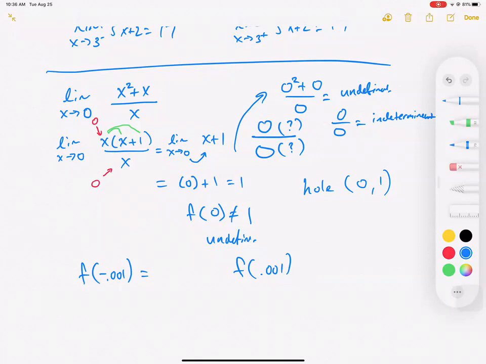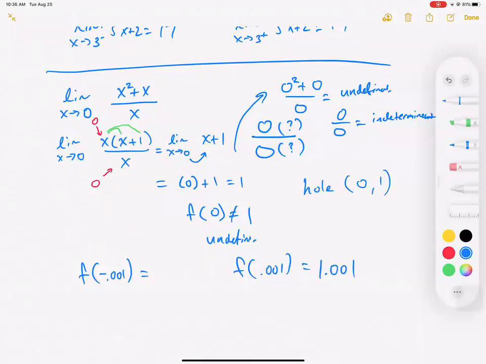I'm going to go ahead on my calculator and plug that in. 0.001 squared plus 0.001, divide that by 0.001. I ended up with the answer on the right side as 1.001.